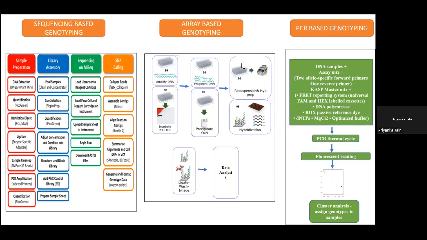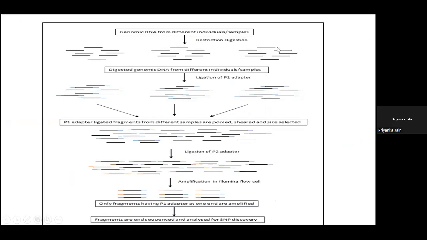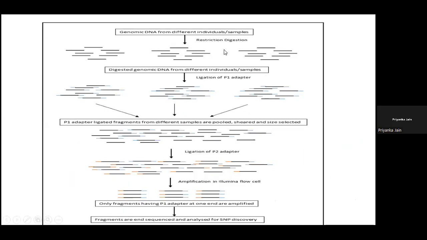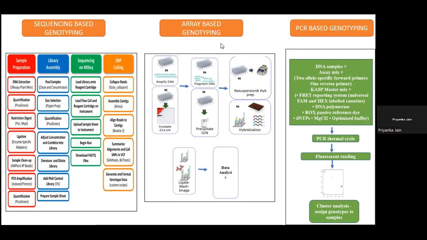Now, as I told you, one was the sequencing by genotyping method, the other method was the array based method. This is the array based method for a genotyping experiment, in which the amplified DNA is loaded on a microarray type chip.